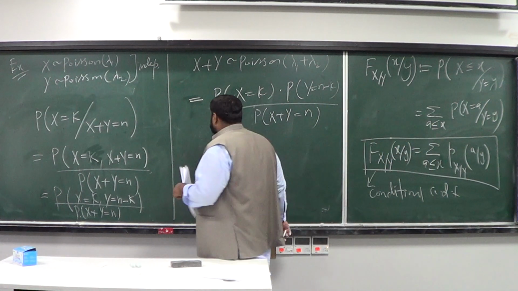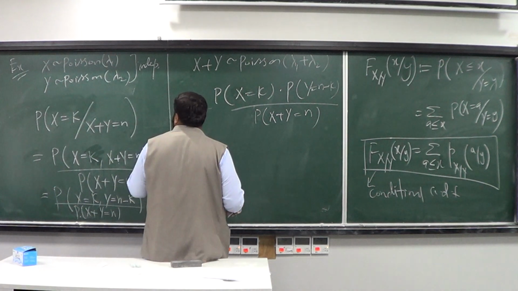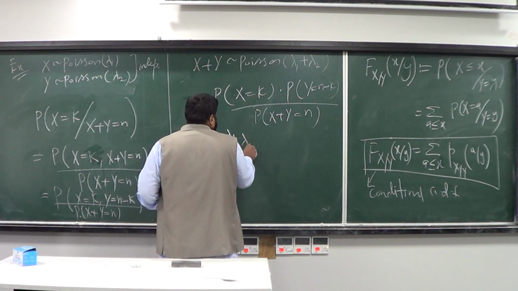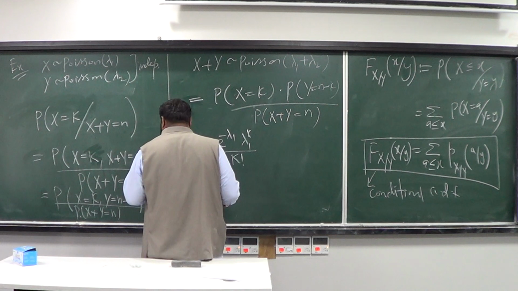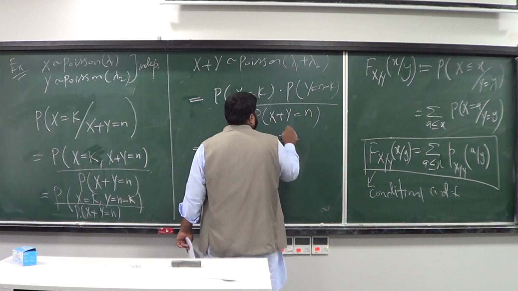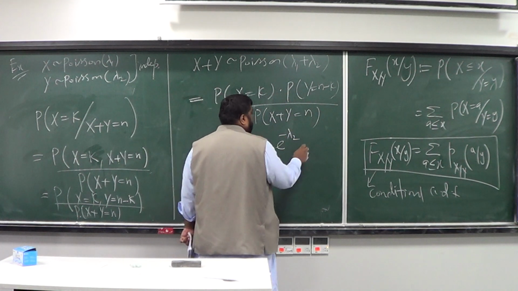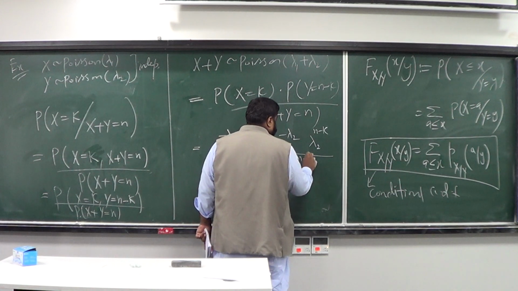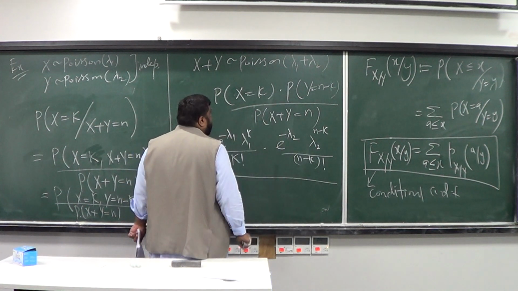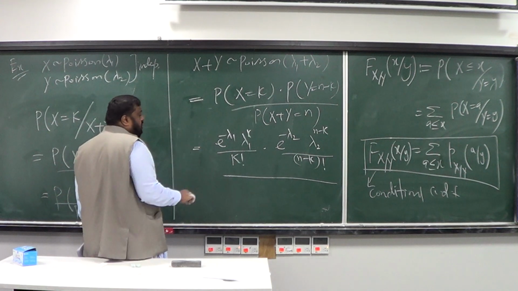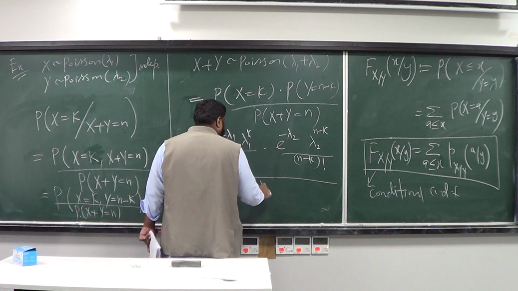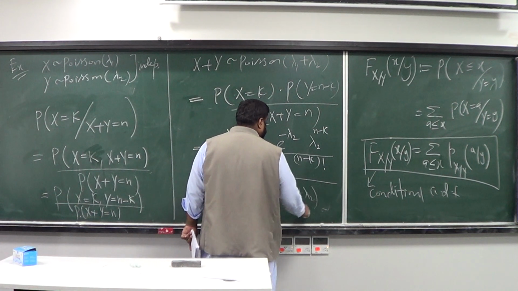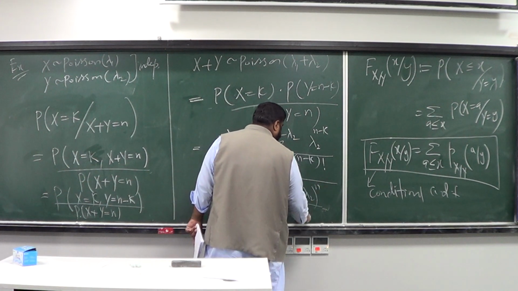The first is going to be e to the minus lambda 1 times lambda 1 to the power k divided by k factorial, times e to the negative lambda 2, because Y has a Poisson distribution with parameter lambda 2, times lambda 2 to the power n minus k divided by n minus k factorial, all divided by the distribution of X plus Y, which is also Poisson: e to the minus (lambda 1 plus lambda 2) times (lambda 1 plus lambda 2) to the power n divided by n factorial.